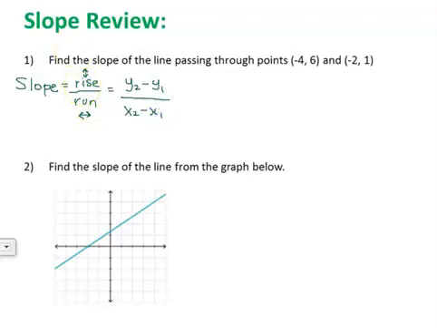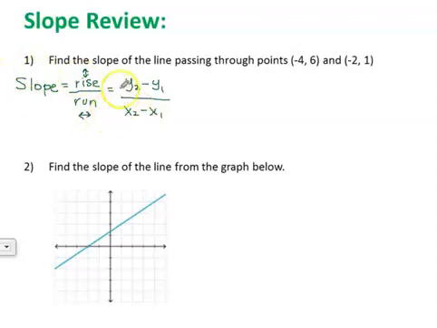So the reason I put rise over run is that if you know that slope is rise over run, it'll help you remember how to find the slope. Rise, again, is up or down. So to find the amount we're going up or down, we're going to subtract our y coordinates. And then to find the run, we're going to subtract our x coordinates.